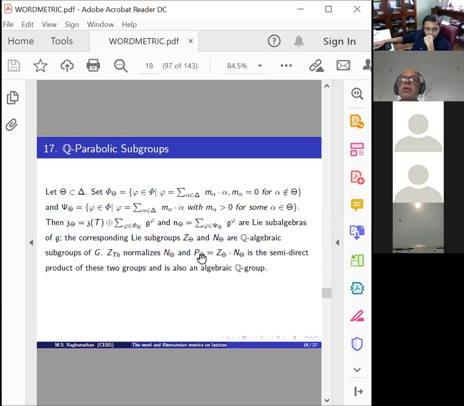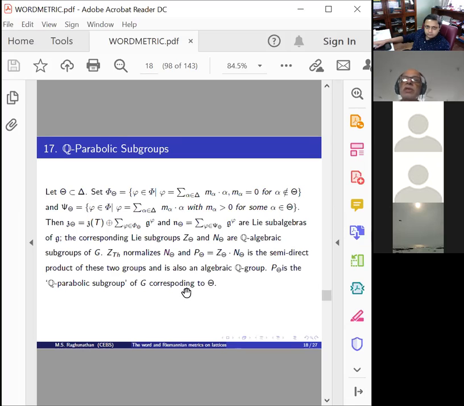As theta becomes larger and larger, Z_theta becomes larger and larger because you allow more linear combinations of elements as things get larger. And similarly, the subgroup N_theta shrinks as you enlarge theta.